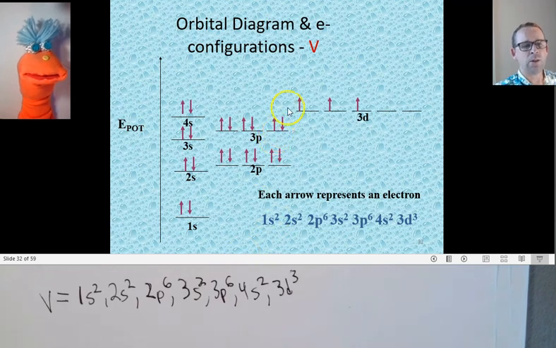Now that we see what vanadium has in terms of electrons, I'll show you something. Vanadium can either have a +3 ion, by losing these 3 electrons, because there's a degree of stability when you have an empty shell. Or it can have a +2 by losing these 2 electrons. Or it can have a +5 by losing these 2 and those 3.